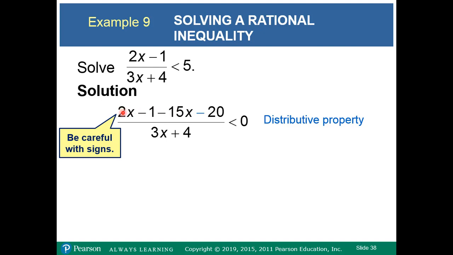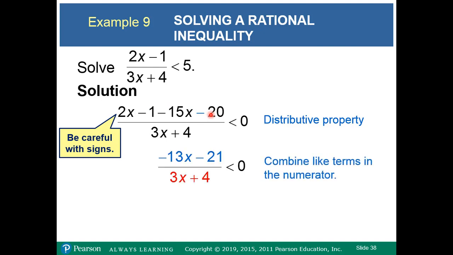So I have 2 x's, and I want to subtract 15 x's. How many x's am I going to have if I subtract 15 from 2? Well, I'm going to go negative, so it's going to be negative 13x. And now this is negative 1 minus 20, which gives me a negative 21. And so that's what we get.